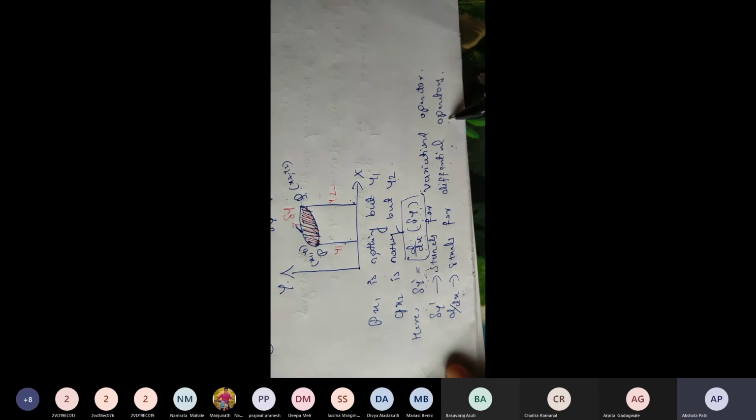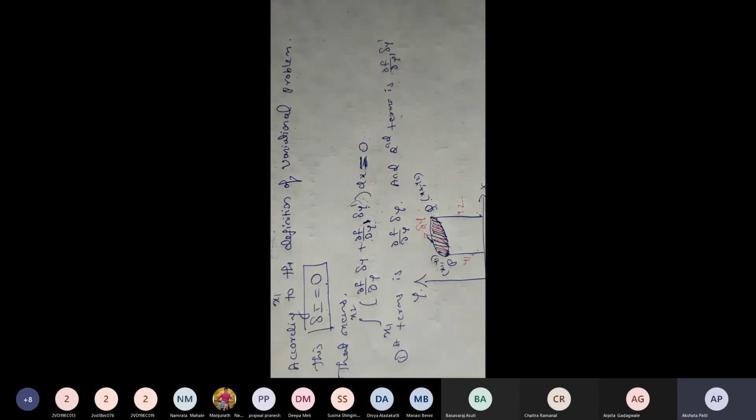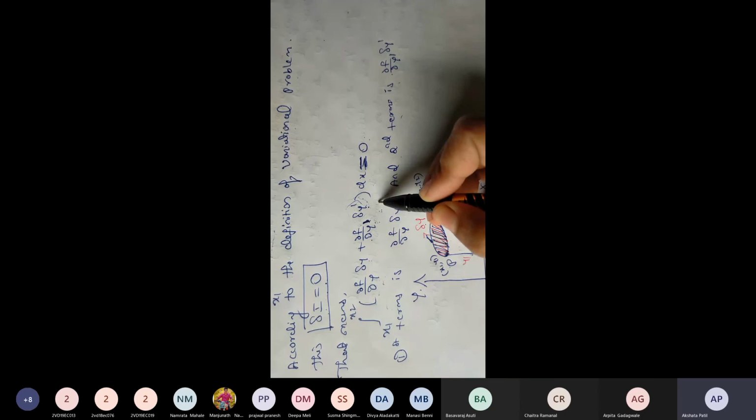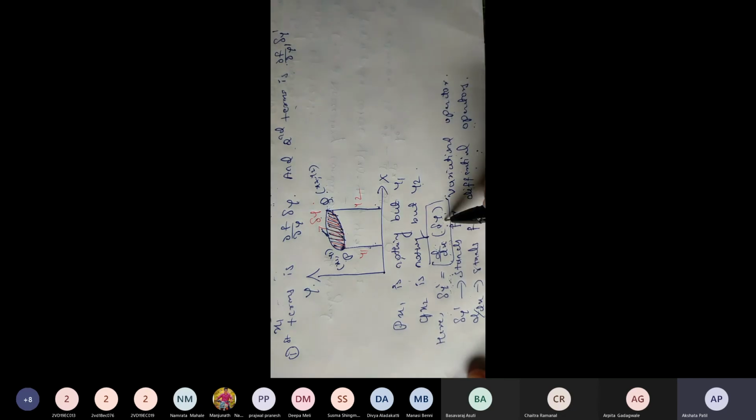Now you have to use this in place of delta y dash, that is d by dx of delta y, in this integral function. In this integral function delta y dash is there, so in place of delta y dash just replace it by d by dx of delta y.